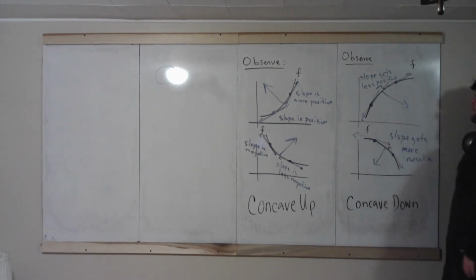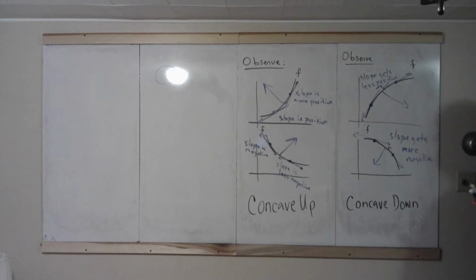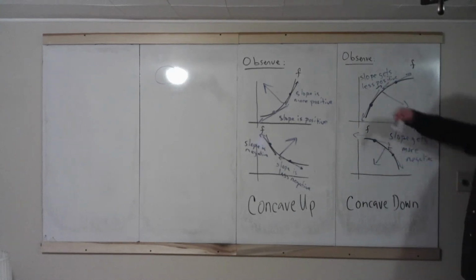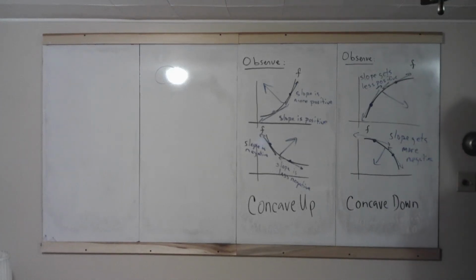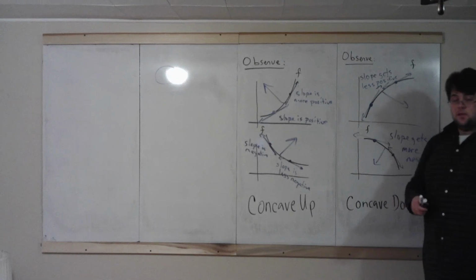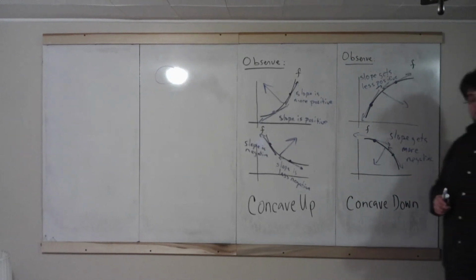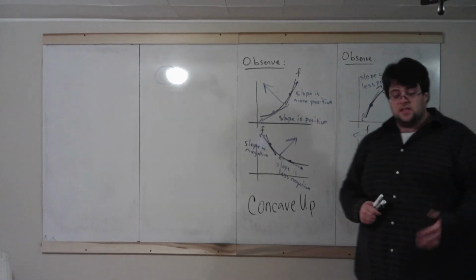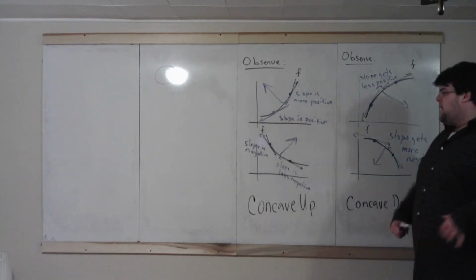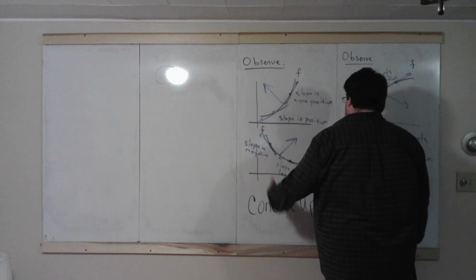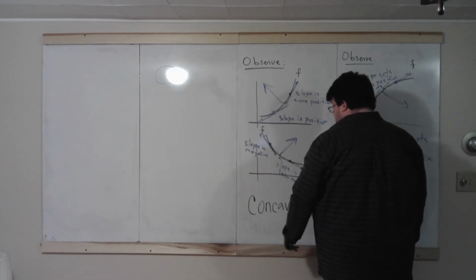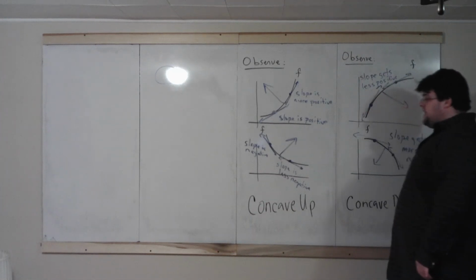And similarly over here, we could describe this by saying the first derivative is decreasing, because the slope starts out very positive and gets less positive. So the first derivative is decreasing, and down here similarly, it's negative getting more negative. The first derivative is getting smaller. It's decreasing. So we would have a result: if the first derivative is increasing, the function's concave up.